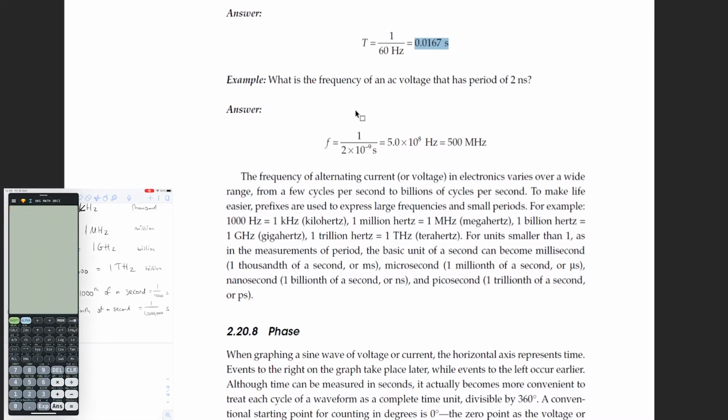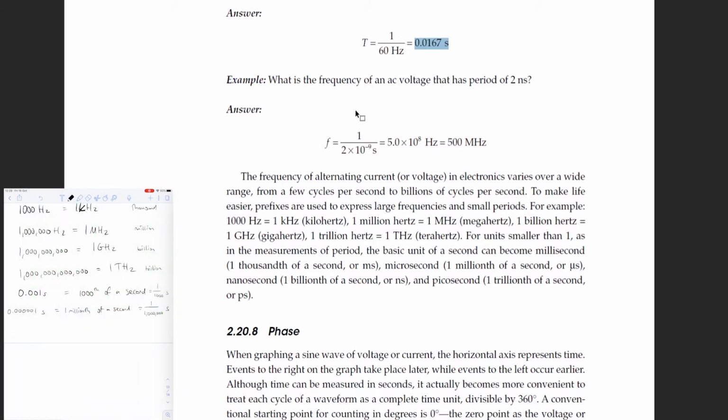Let me just do that on my calculator. So 1 second divided by a million. And that should give you 5 zeros. Yeah, got it. Wait, let's make some space.